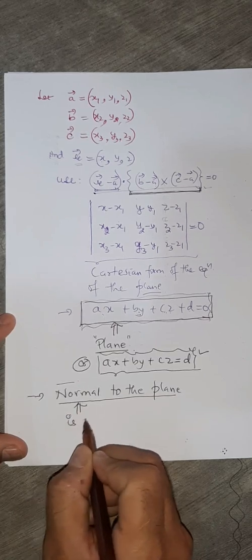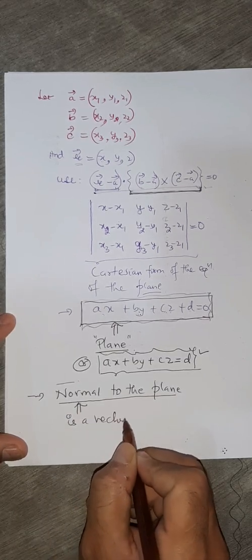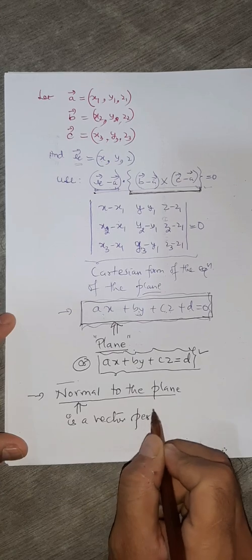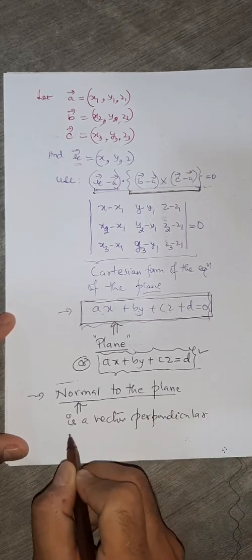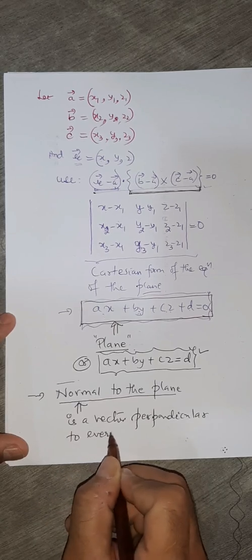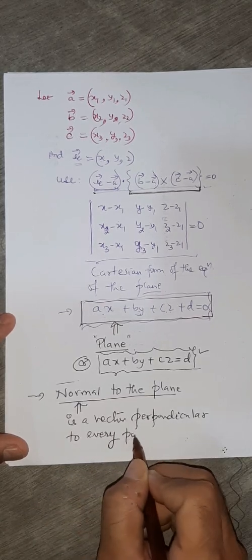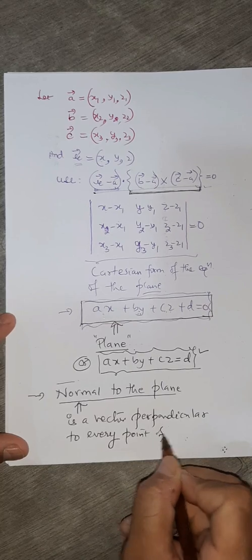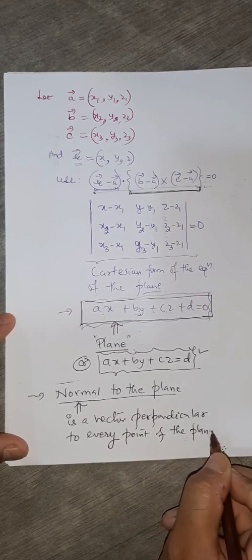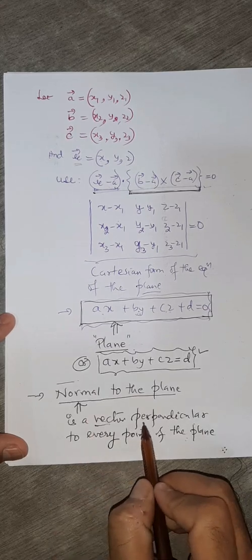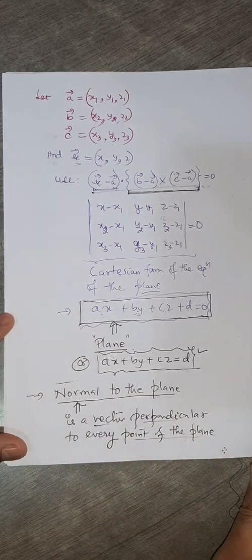Normal is a vector perpendicular to every point of the plane. That is defined as a normal here. A vector that is perpendicular to every vector of the plane.